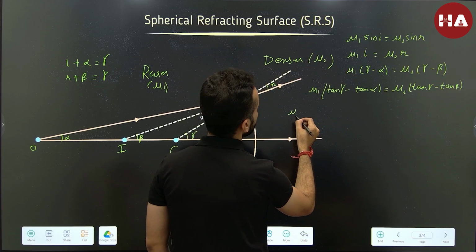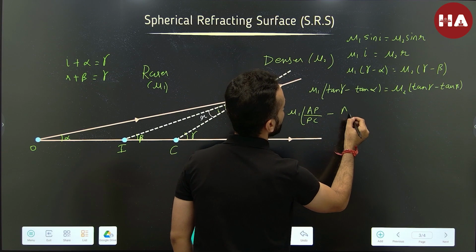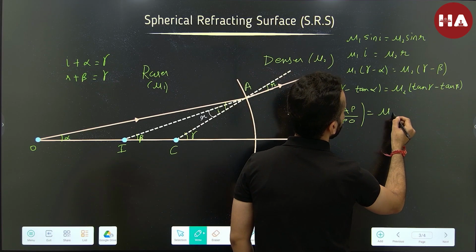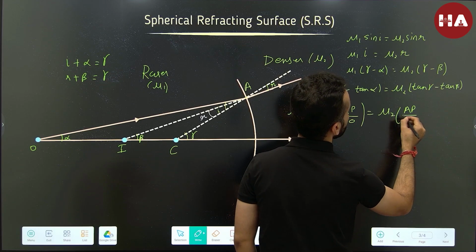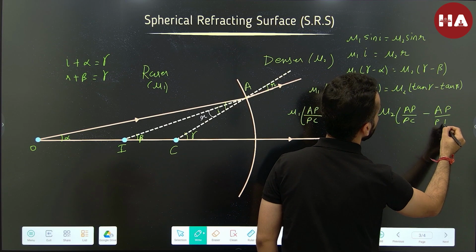Now in the very next step, tan gamma can be written as AP upon PC. This is a little familiar, that's why I'm hurrying up with the process, because it's very monotonous.